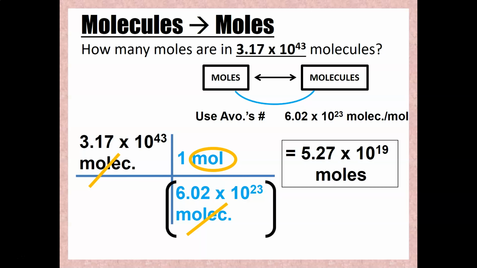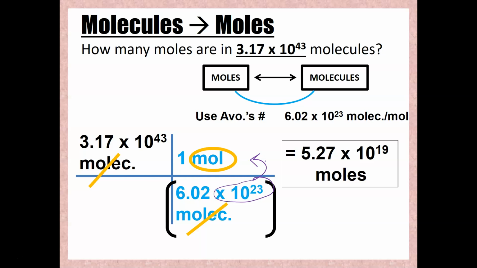If you do this correctly and you use the parentheses correctly, this is the number you will get. You have to make sure that you put parentheses on the bottom of that fraction to keep your scientific notation on the bottom. If you're not careful in your calculator, it's going to get confused and think this times 10 to the 23rd should be on the top, which is not correct.